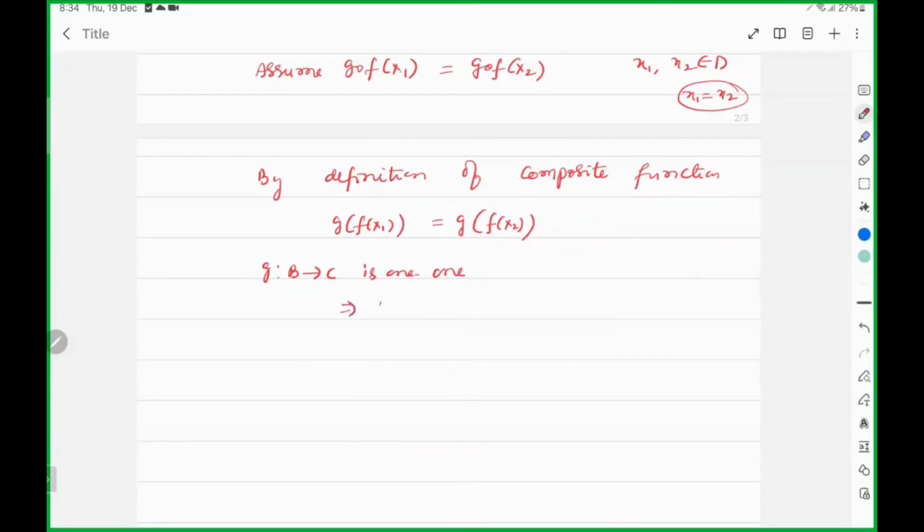That means we can write f of x1 is f of x2. This is the basic definition of any function which is 1-1: if the images are equal, the elements are equal.